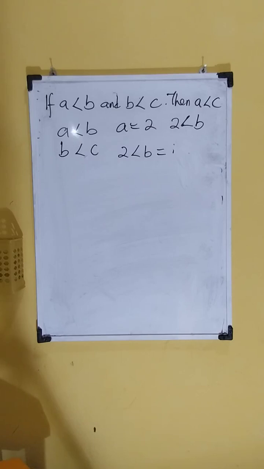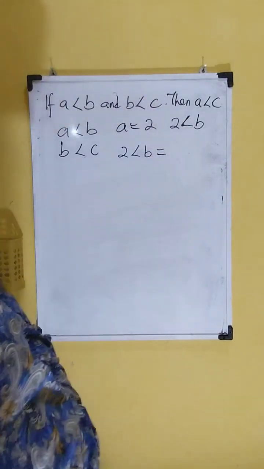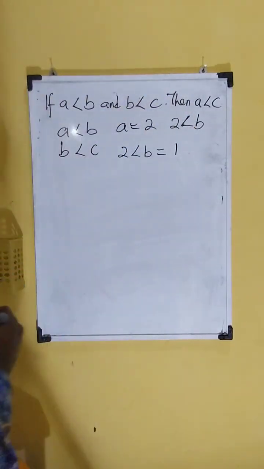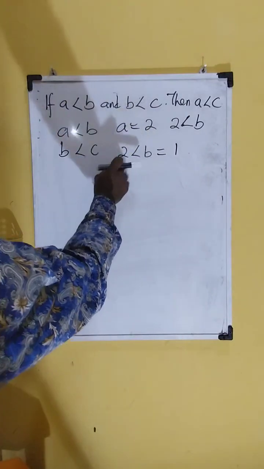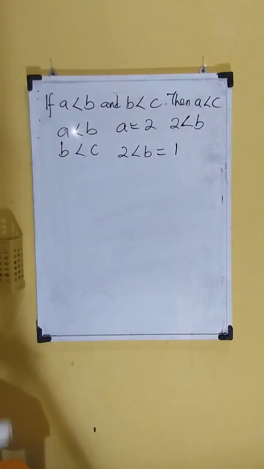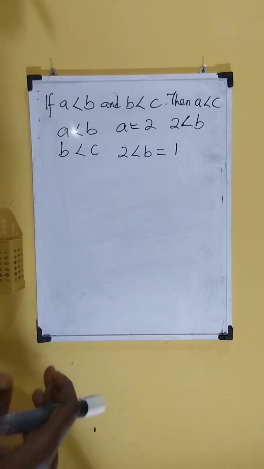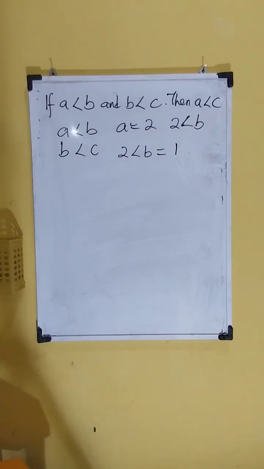Okay, now let me go. Yes, go ahead. I said the B should be 1 because it is less than 2. What are the numbers that are less than 2? It's actually 1. So it's correct.